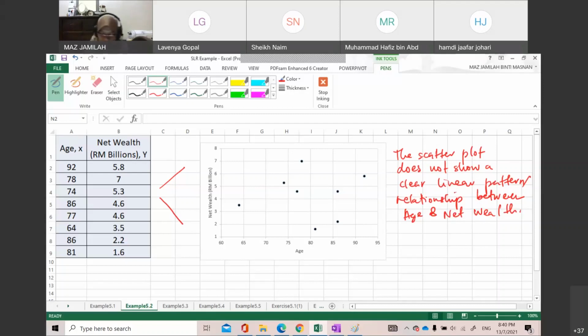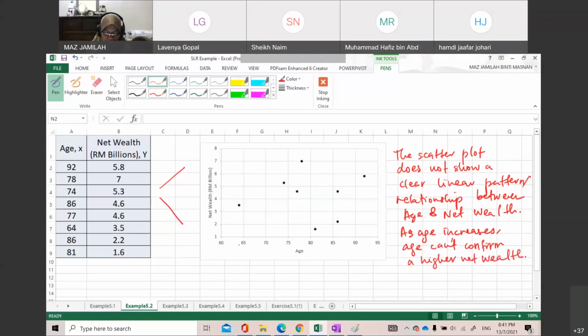So the note in your textbook: as age increases, age cannot confirm a higher net worth, because we cannot really tell.